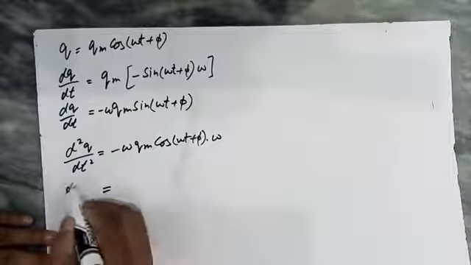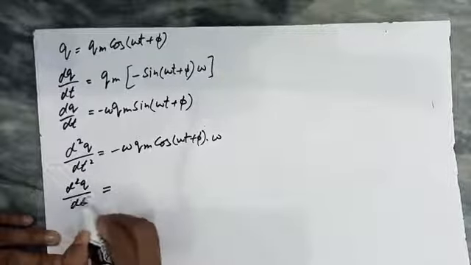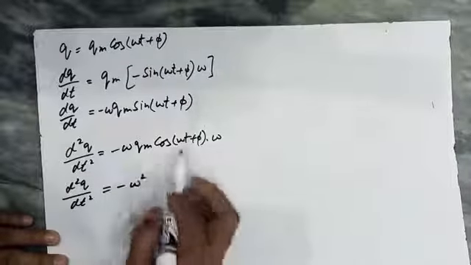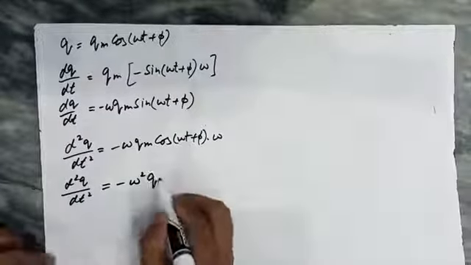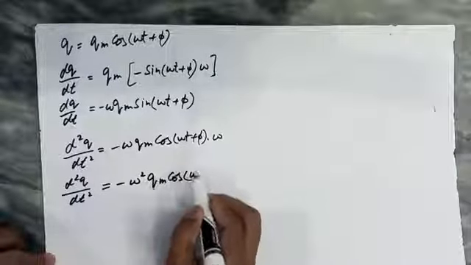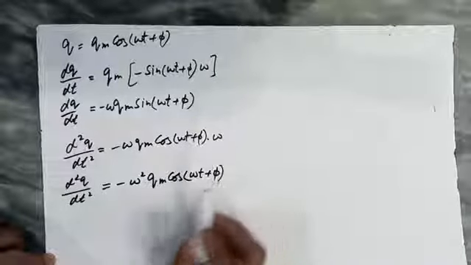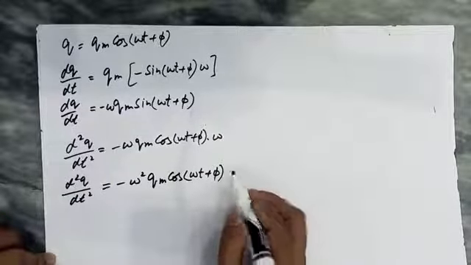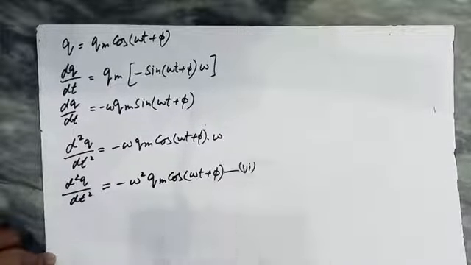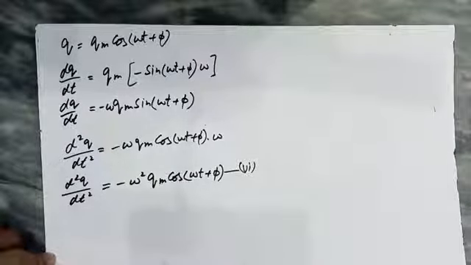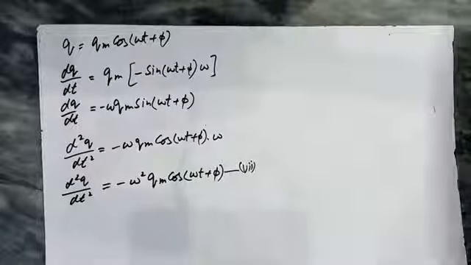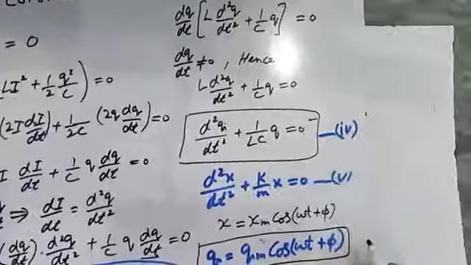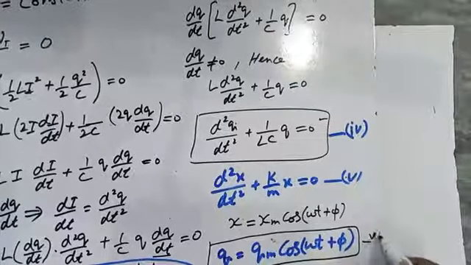So I get d square q over dt square is equal to minus omega square, since this omega and this omega multiplied become omega square, times Qm cos(omega t plus phi). This equation is named as equation 6, and the earlier one I term as equation 5.